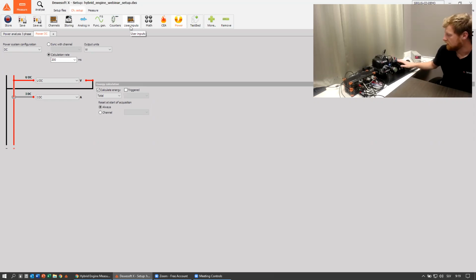Now, this combustion engine is basically powered by the electric motor, and it is run by an RC inverter. So the inverter is from a small model airplane, and we need to also drive it somehow.